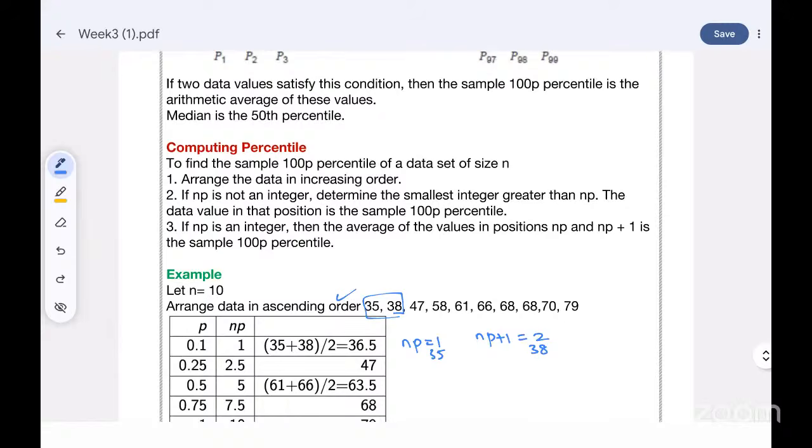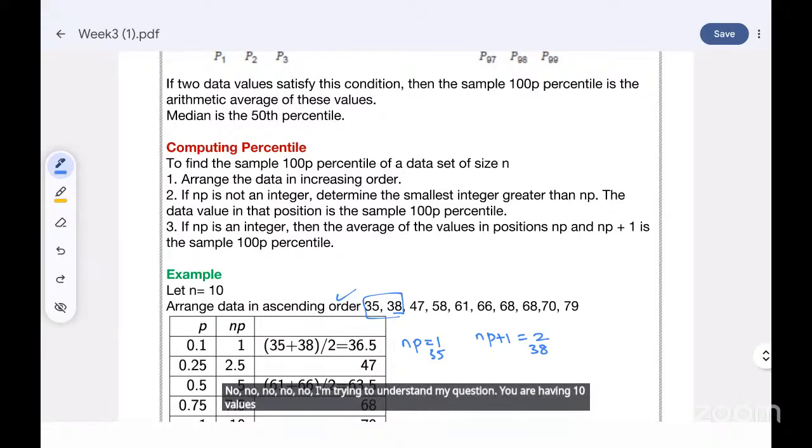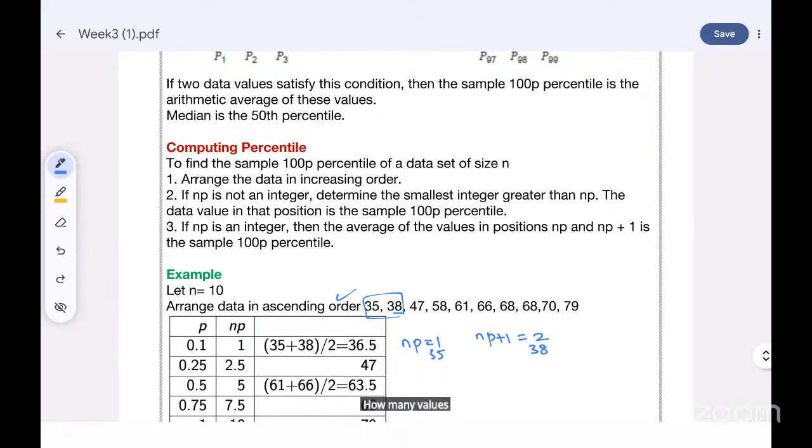You are having 10 values. In 10 values, how many values are contributing to only 10%? One. Only one value is contributing to 10%.